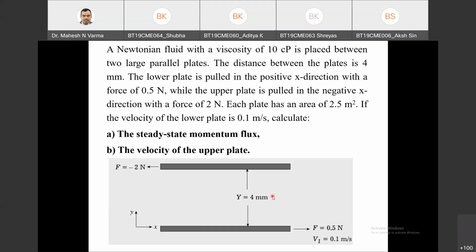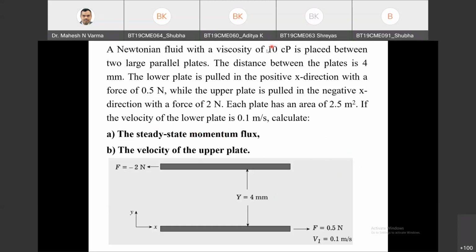Can you please explain again? I have not got this concept. Okay, you got the momentum flux, 1. Now Newton's law of viscosity tells that momentum flux equals viscosity into velocity gradient.